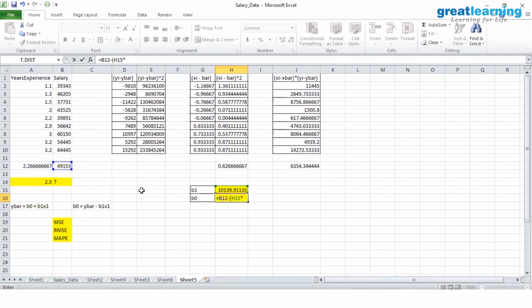So I found two important variables, B1 and B0. Now I can impute for the new variable 2.5: B0 plus B1 into x1. The predicted salary is around 51,590.